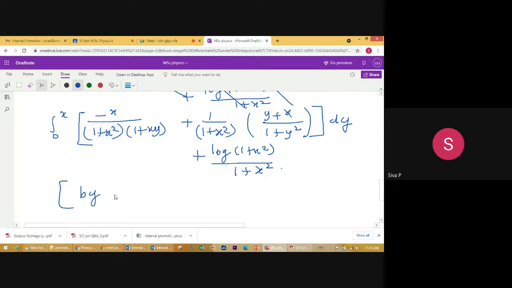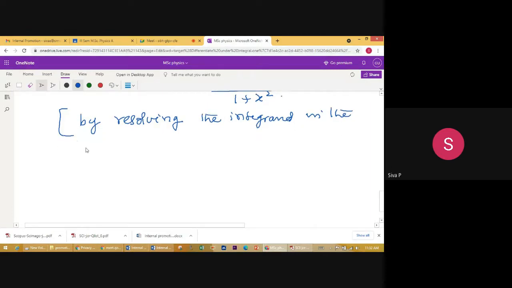The method is known as resolving the integrand in the first term into partial fractions.